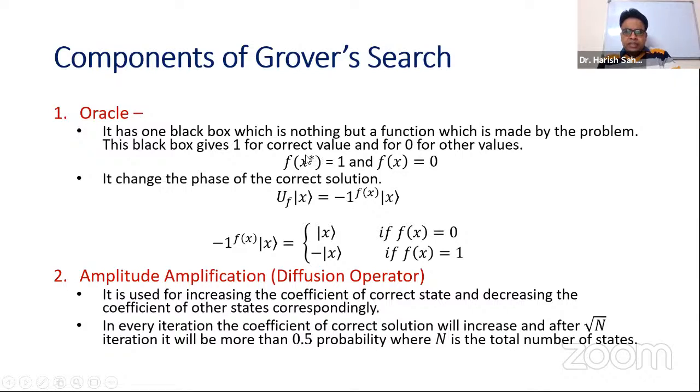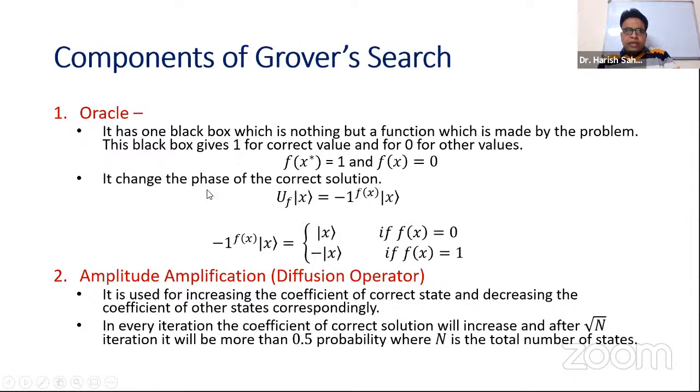Whenever we have this x star, the desired item, it will satisfy this function; other items will not. So f is satisfiable only when we supply the correct input x star. For the rest of x, it is 0.